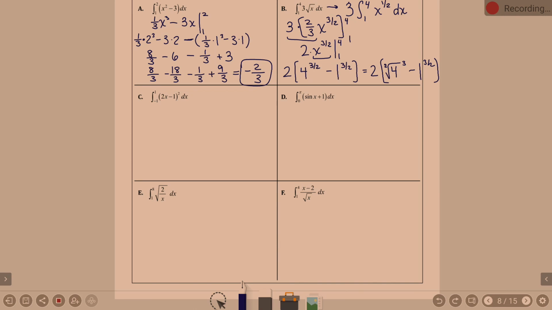So this is the square root of 4, 2, cubed, 8. So we really have 2 times 8 minus, what's 1 to any power? 1. 2 times 8 minus 1 is 14. I'll go with 14.